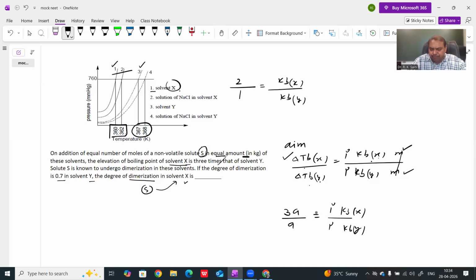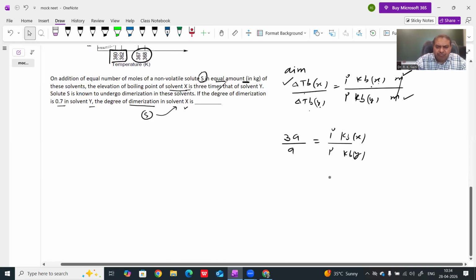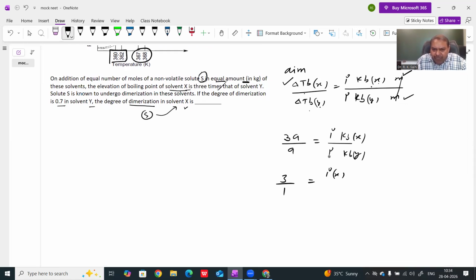Then putting the values of i and Kb in this equation, this is 3/1 equals i in X and i in Y. We find i equals 1 minus alpha plus alpha by n.